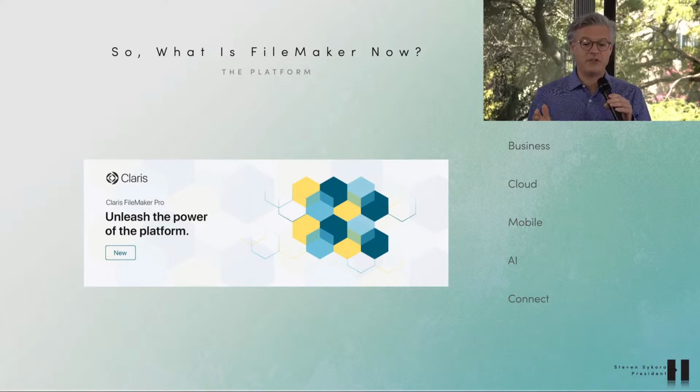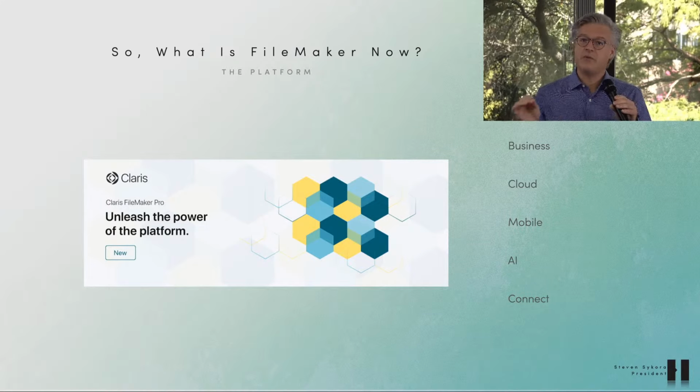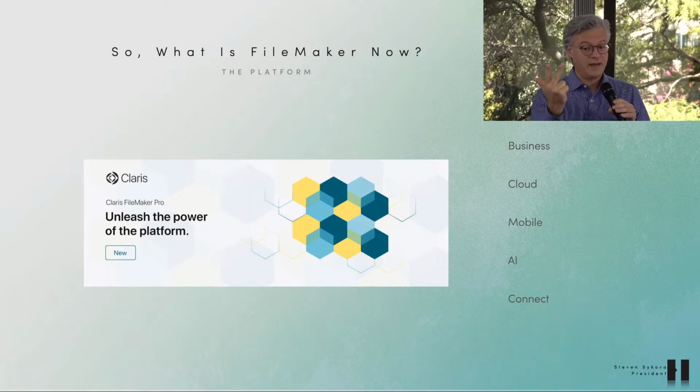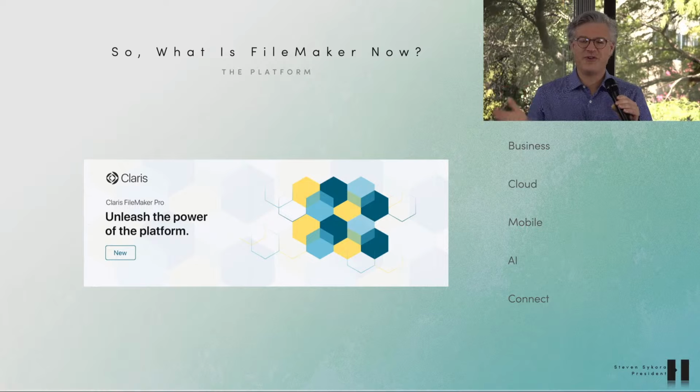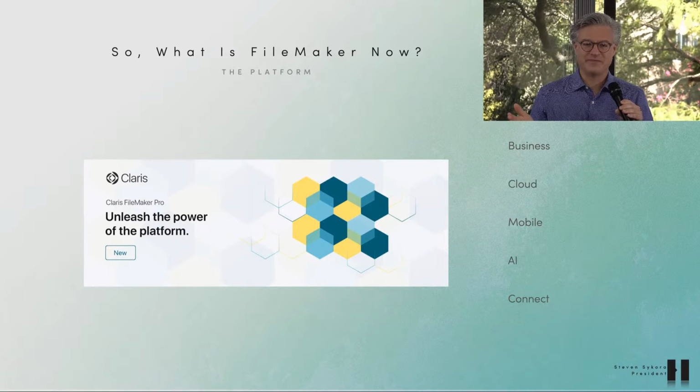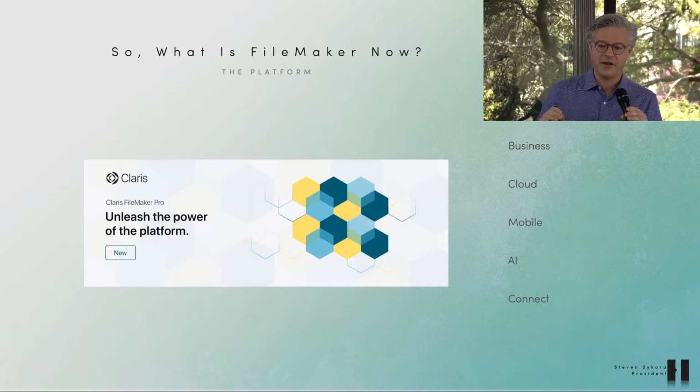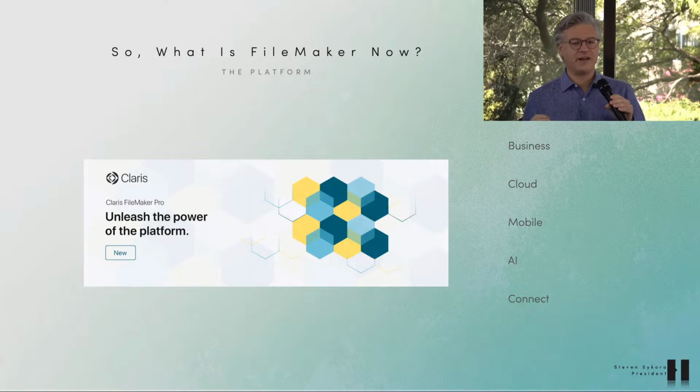Rapidly build apps you can't find anywhere with advanced tech like cloud, mobile, and AI. Then connect them together with your other apps to automate workflow. And they added a nice tagline, get help from the Claris community or a Claris partner near you. That's us, of course, on this meeting. That's the call out to the community. And I think that pattern's going to show up again in a second.